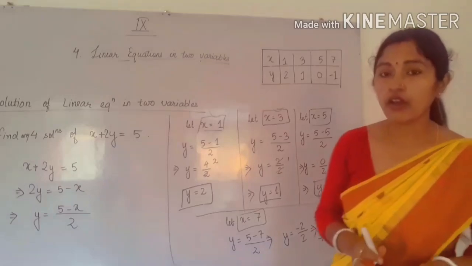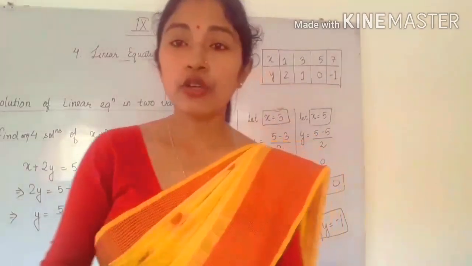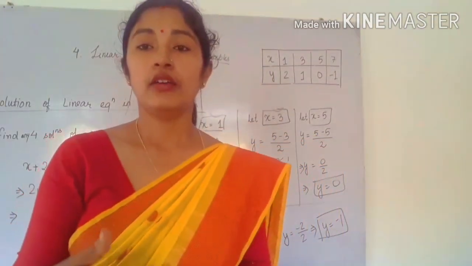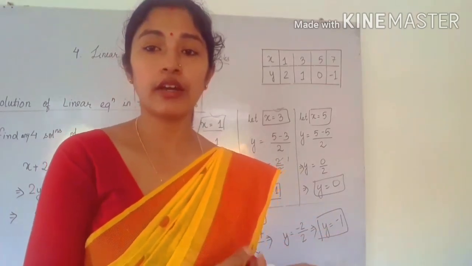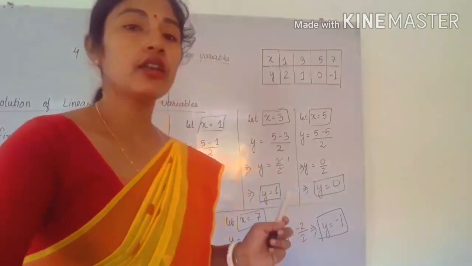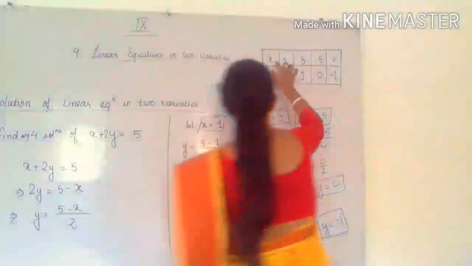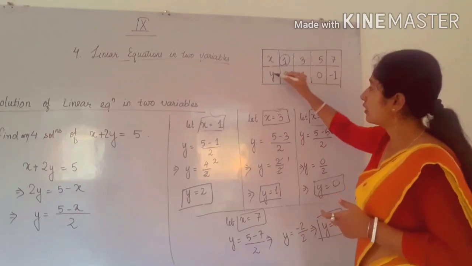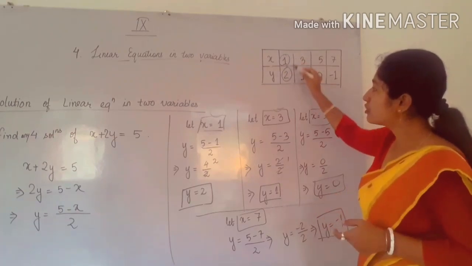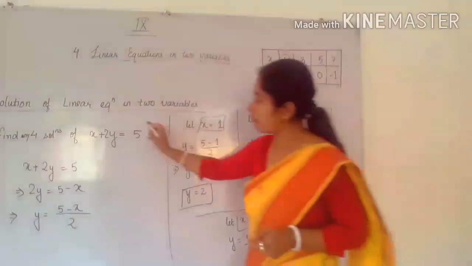There is a way of checking that your solutions are correct, that the values of x and y you found are right. How to check it? This is very simple. For x is equal to 1 you are getting y is equal to 2. Just put the values of x and y in the first equation.